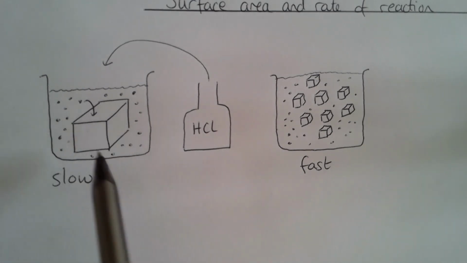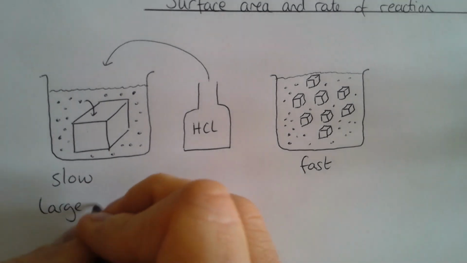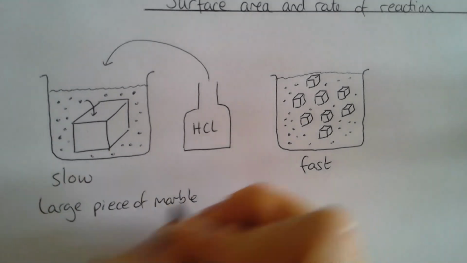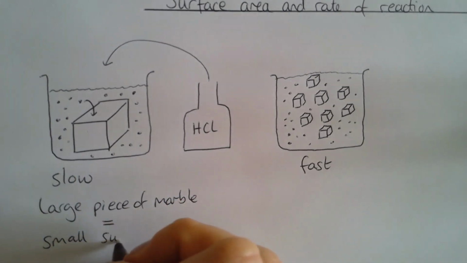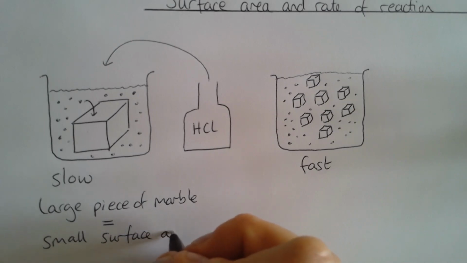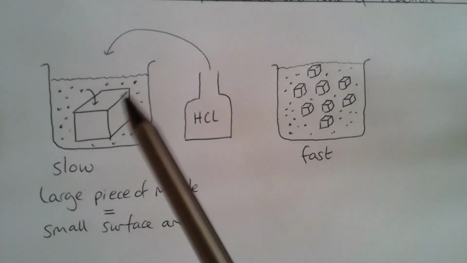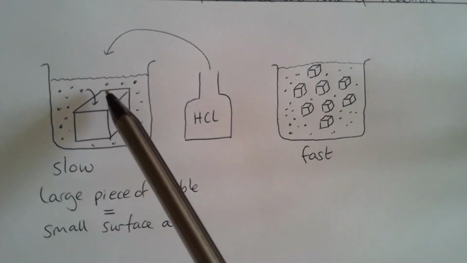Well, if we have a look at our large piece of marble chip, the surface area of our marble chip is the total area of all 6 sides of our cube.